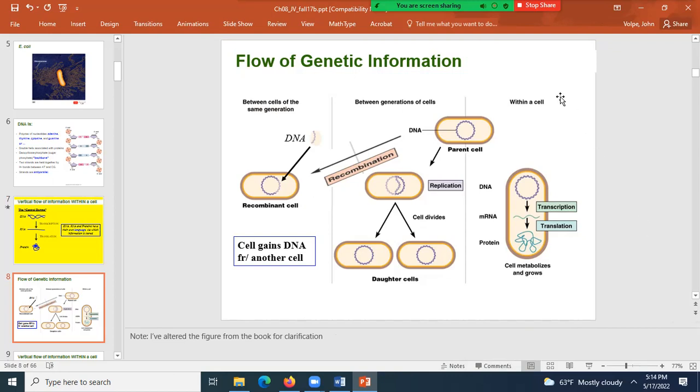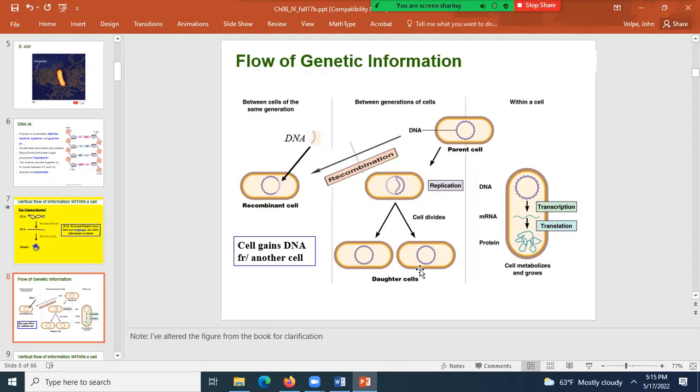Now, that was the flow of information within a cell. You can also have the flow of information between generations of cells, or from a parent to their offspring. So DNA from a parent cell goes through DNA replication, and then one strand will move to one side of the cell, the other strand to the other side of the cell, and then the cell will divide.